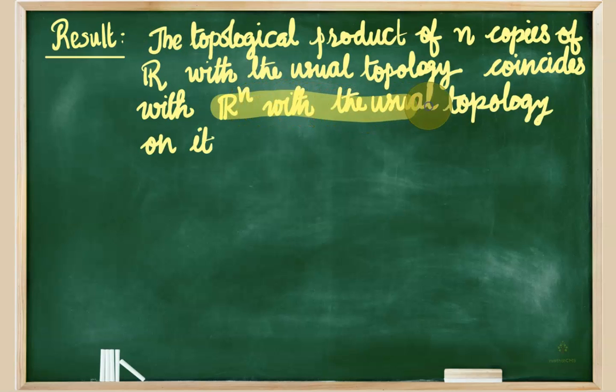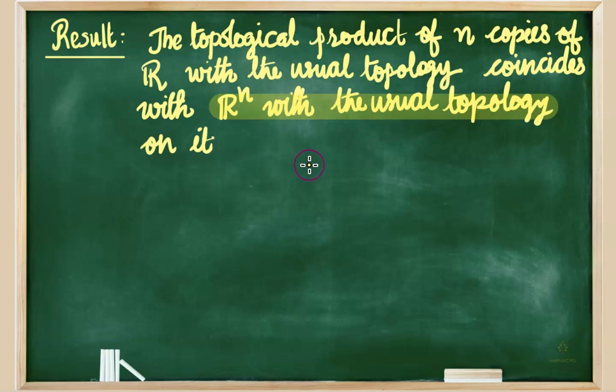Here this Rn is the Euclidean space with the usual metric or Euclidean metric, and as we already know, this is a metric space, and hence the topology induced by that metric, that is the usual topology, makes it into a topological space.